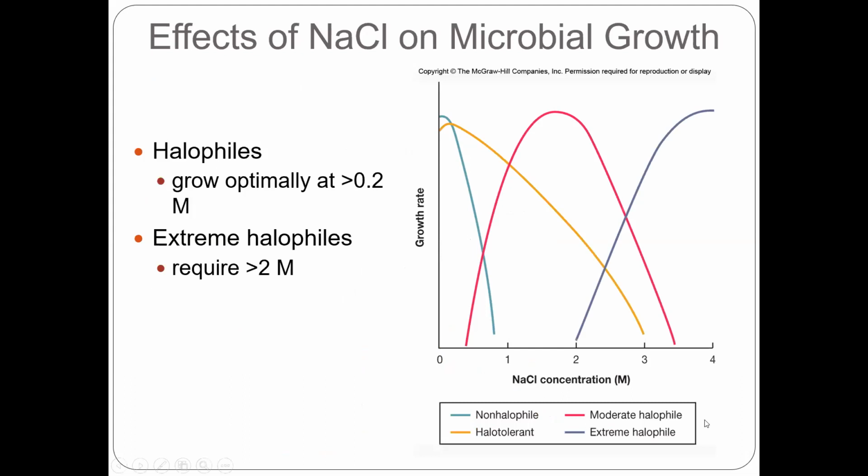If they die quickly when we add 1 molar sodium chloride, we call them non-halophiles. Most bacteria are moderate halophiles. But we do have bacteria which are halophiles, for example, Staphylococcus aureus. They can grow optimally at 0.2 molar salt.